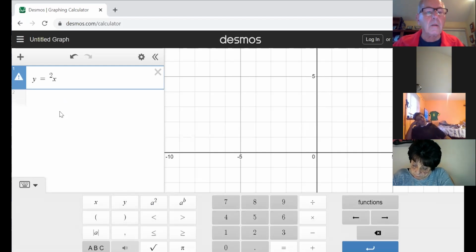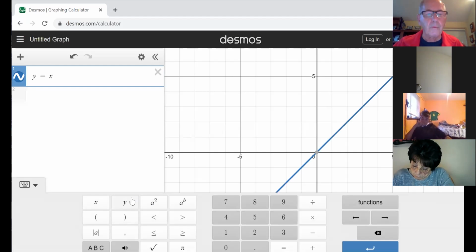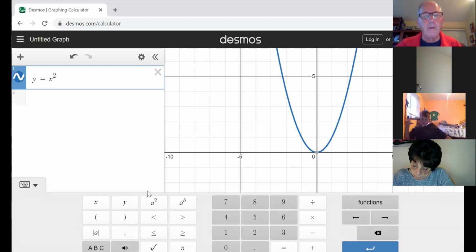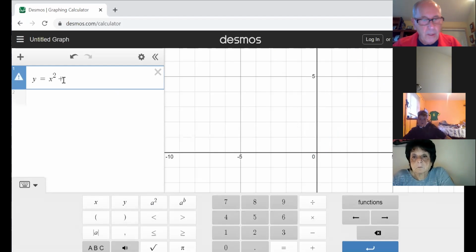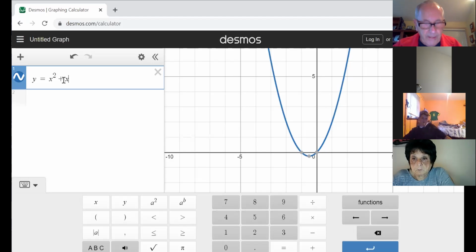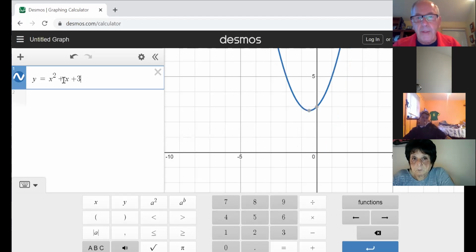Y is equal to x squared. If I had an expression that was just x squared, this would be the parabola for that expression. If I said it was equal to that plus x, it would look like this. If I said it was equal to x squared plus x plus 3, it would look like that.